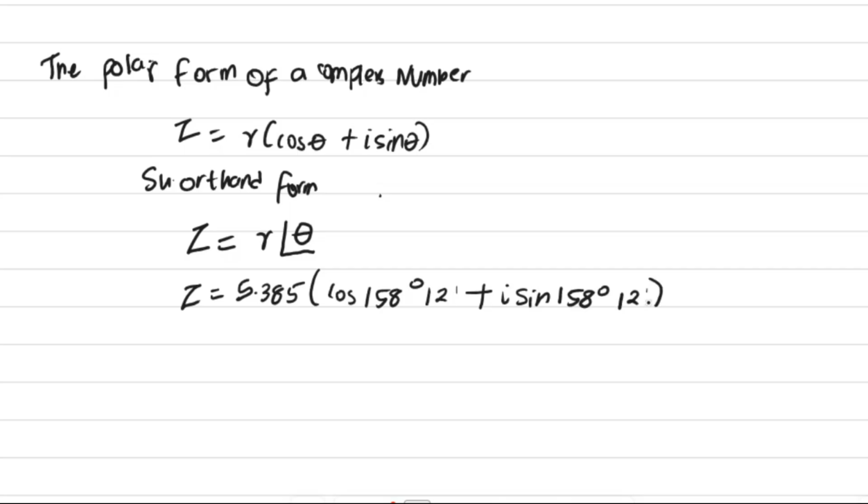Okay, I don't think this is what we got in the previous, I'm assuming another value. So here, if we are to represent this in the shorthand form, our z will give us, this is still our r, 5.385. Then we are now going to have our angle 158 degrees 12 minutes. So this and this means the same thing.